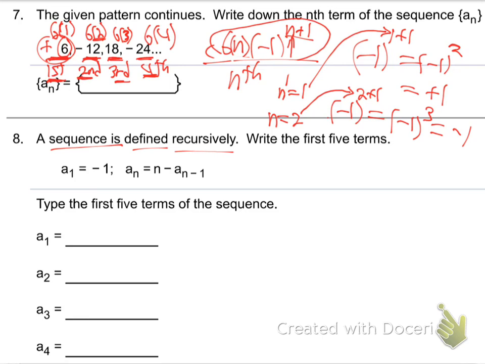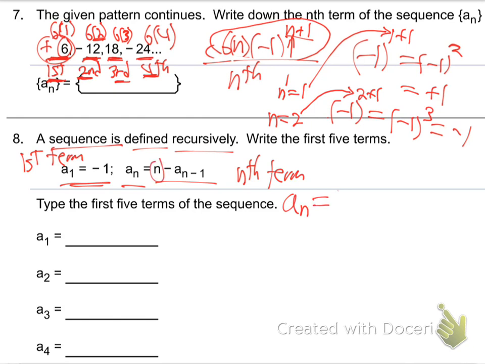So let me help you with the language they're speaking here. They're saying a sub 1, the first term, is negative 1. And then they're saying the nth term, a sub n, is n minus a sub n minus 1.